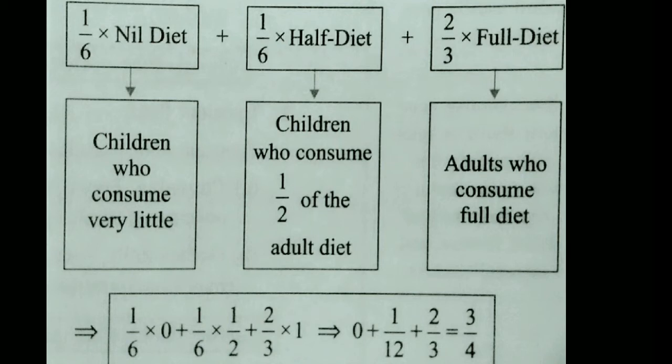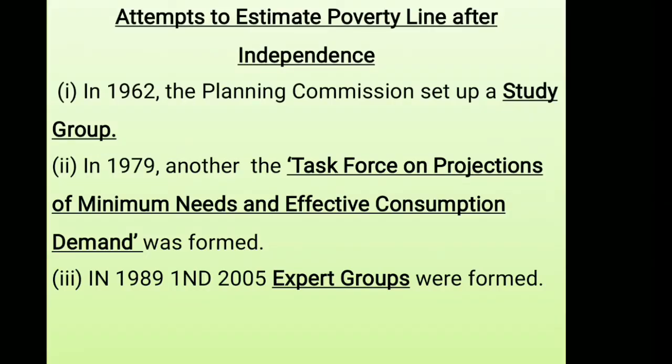So the calculation comes to 3/4 of the overall population living in the jail, meaning approximately 75% need food and other basic requirements. If they are able to fulfill it, they will be considered above the poverty line. Otherwise, these people will be considered below the poverty line.